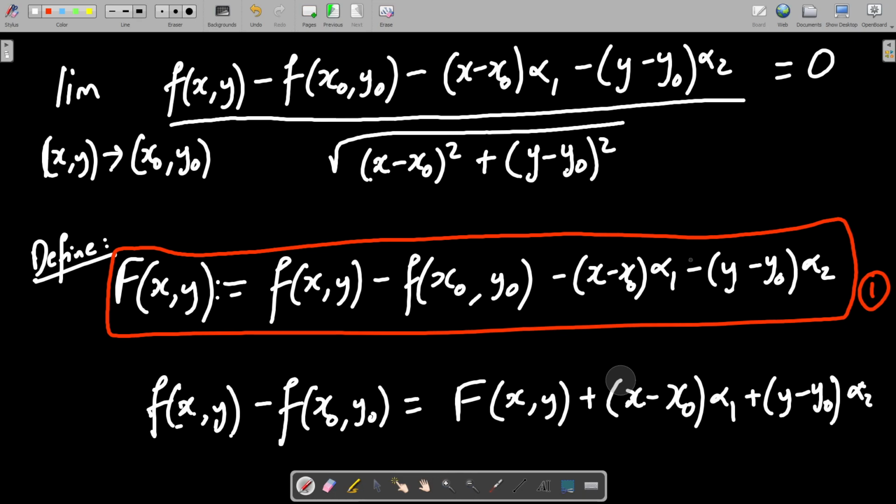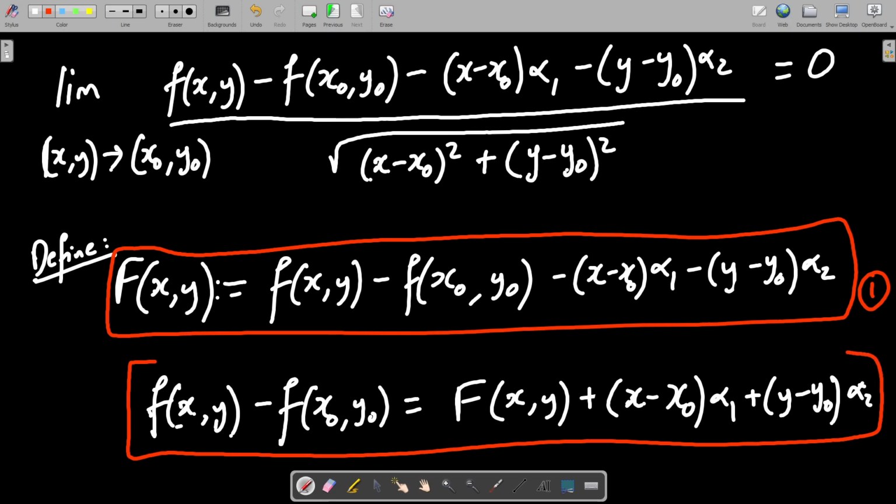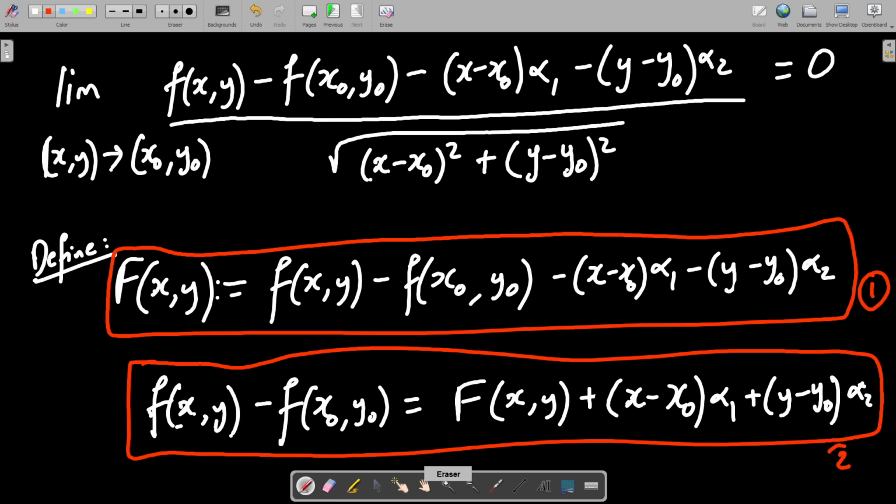In other words, I've just taken these terms to the other side. I'll mark this also as 2. I could have called it 1 dash, but let it be 2. I'll be using this version of the expression at some places, so that's why I'm giving it this name. Okay, so we're done with this.